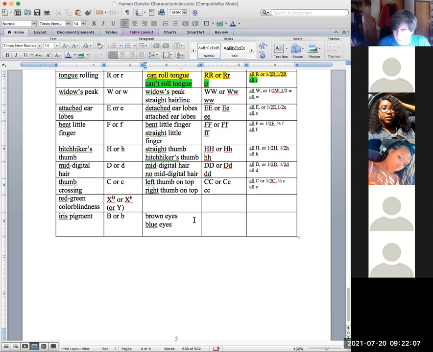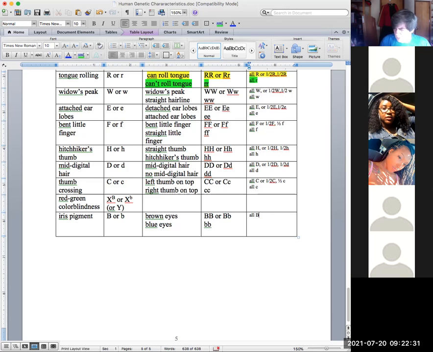They're not all the same blue, different shades of gray. Brown eyes include brown, green, anything except blue or gray. Now, brown eye color is dominant. So brown eye color is caused by big B, big B, or big B, little b. Blue eyes or gray eyes are caused by two little b's.